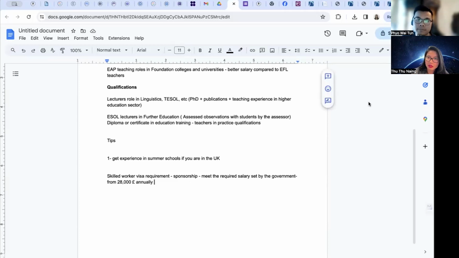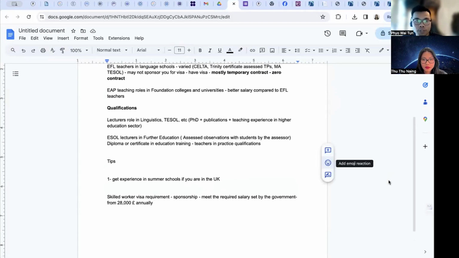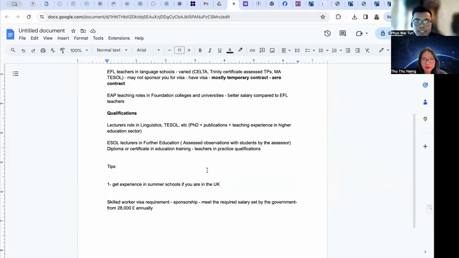I would totally agree, because even in the UK it's quite difficult to get a full-time job. We need lots of qualifications, teaching qualifications and academic degrees, so it's quite competitive. And the worst thing is we need to have experience. In my first job interview, they asked me if I had teaching experience.